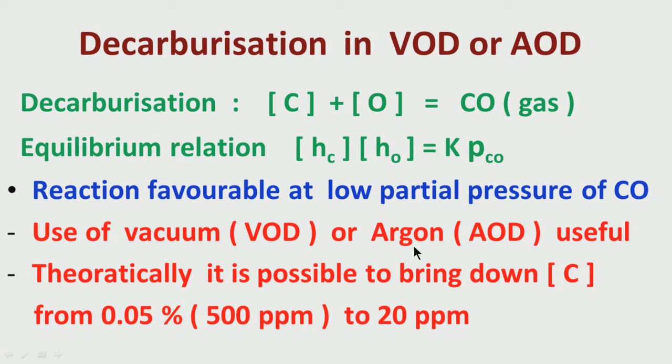So, in the process decarburization will take place, carbon will come down from say about 500 ppm, that means 0.05%, to as low as 20 ppm.